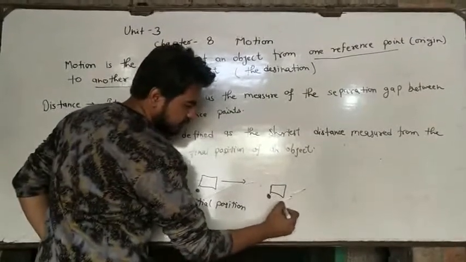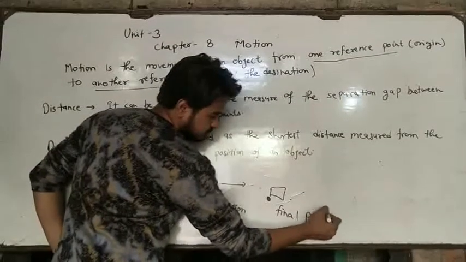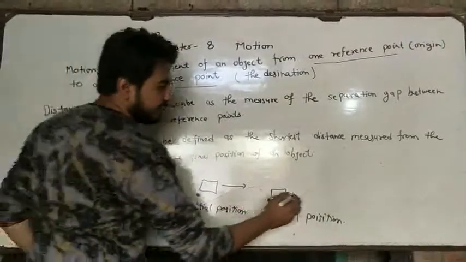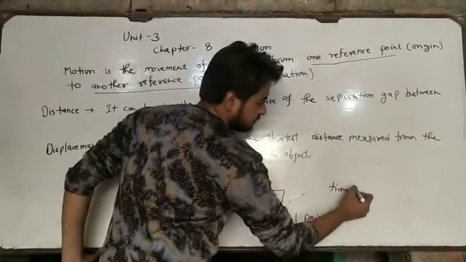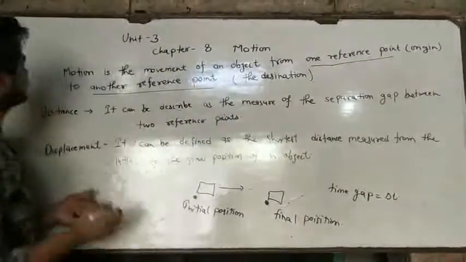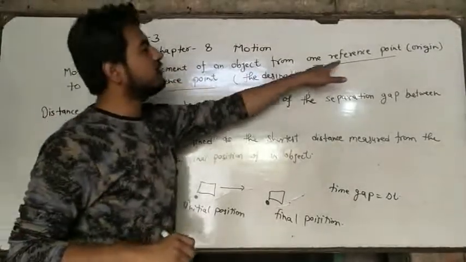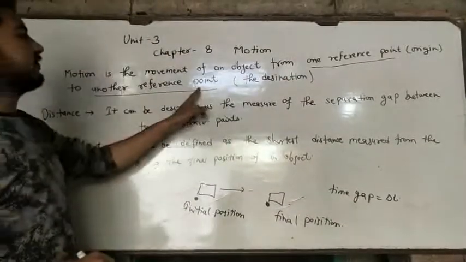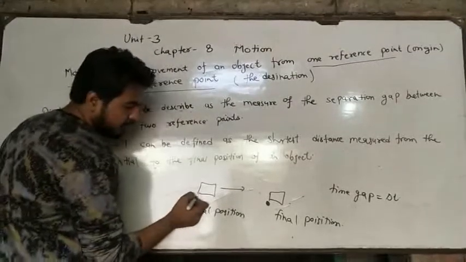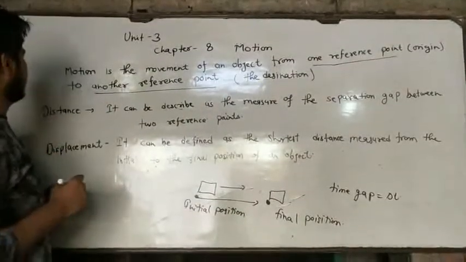This is the final position, and the time gap is equal to delta t. So motion is the movement of an object from one reference point to another reference point. If our body moves from one point to another point, this is called motion.